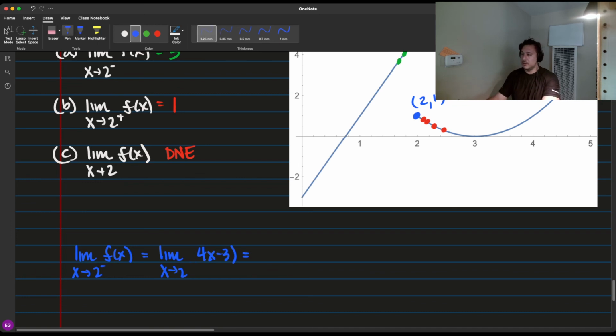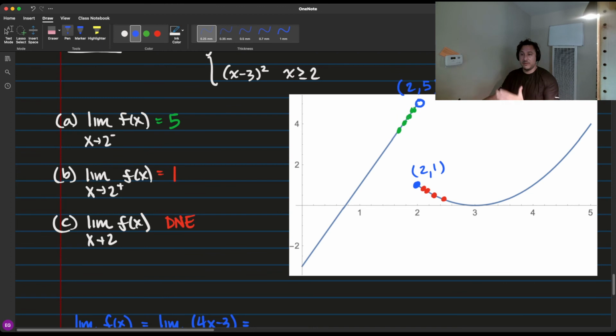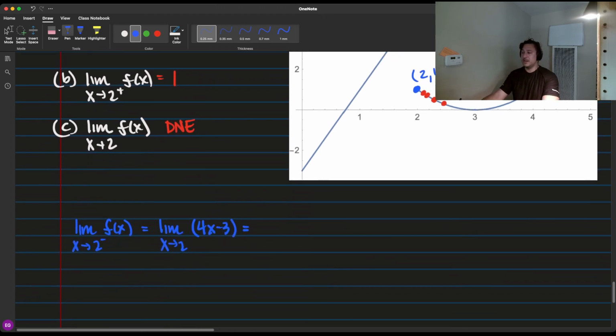And you can just get rid of the one-sided limit, right? If you're approaching the values of 2 from the left, we were on the part of the graph that looks like 4x minus 3. Now, because that's a polynomial, you can just do direct substitution. You get 4 times 2 minus 3, which is 5, which is exactly what we got.